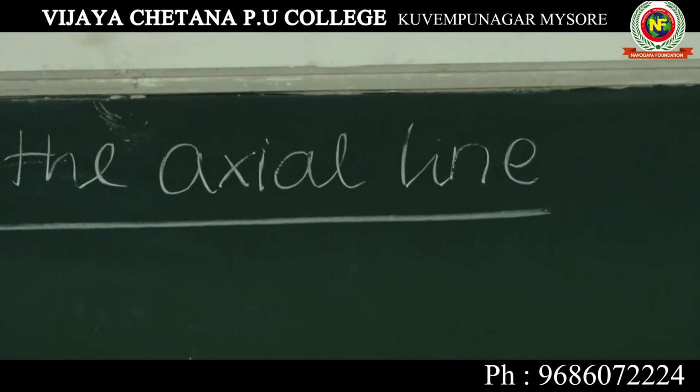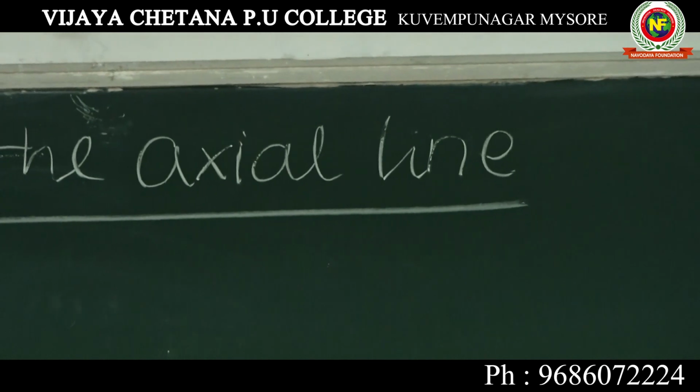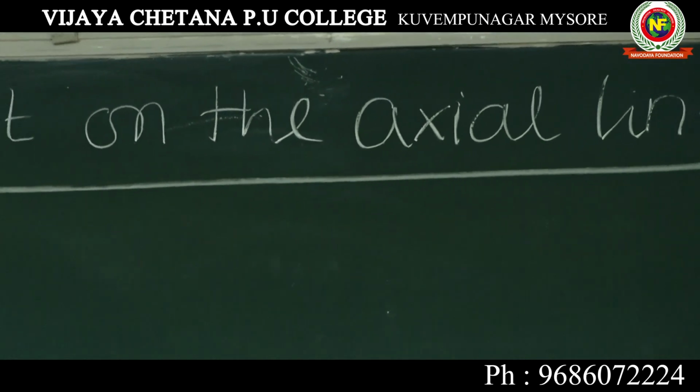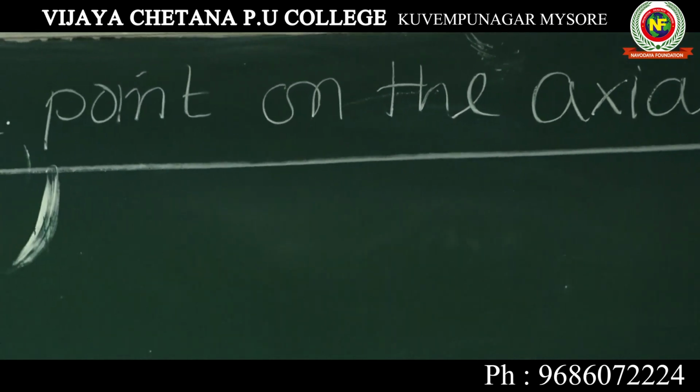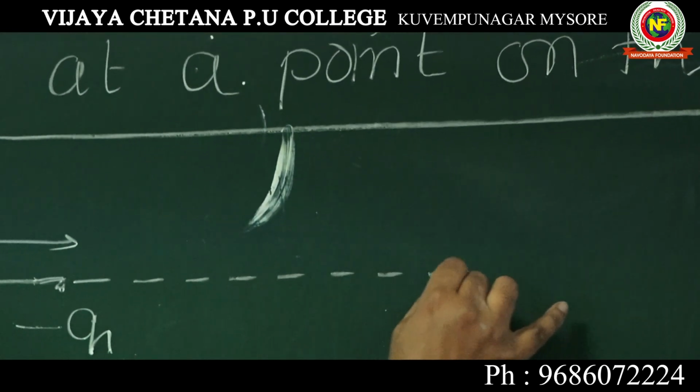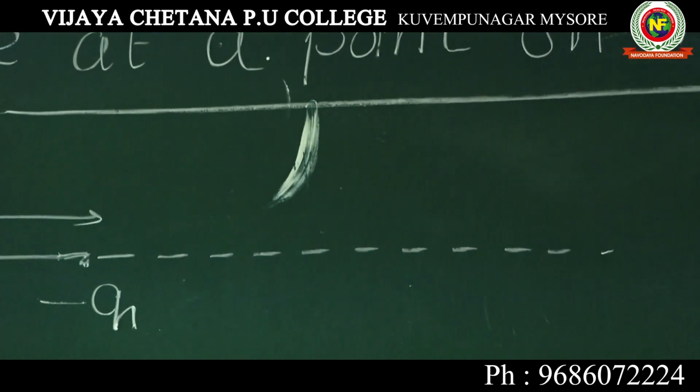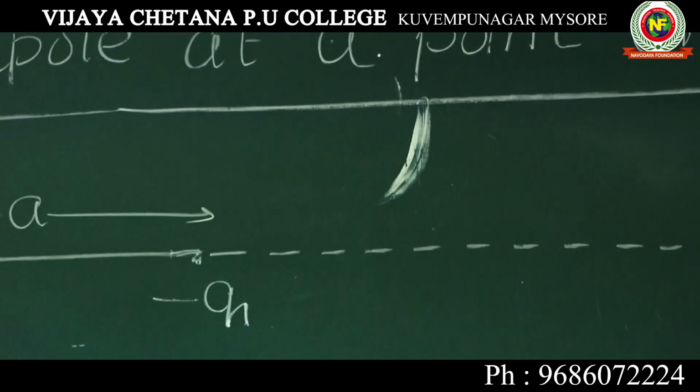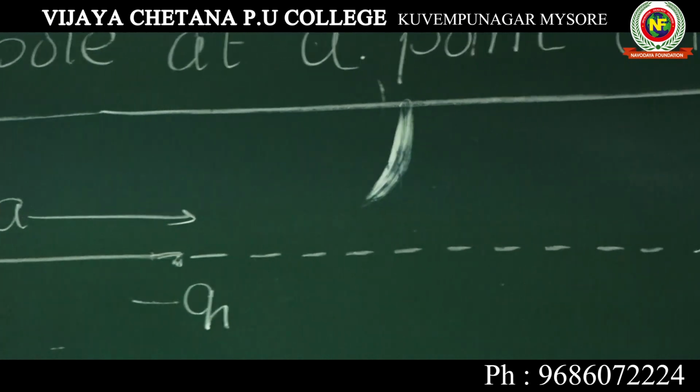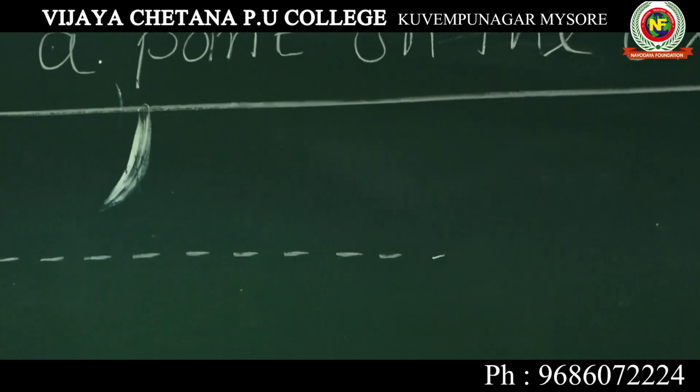Try to understand. What do you mean by axial line? The line which passes through the two charges of the dipole. The line which passes through the two charges of the dipole is called an axial line. You can even consider it on that side. For my comfort, I am considering it here.